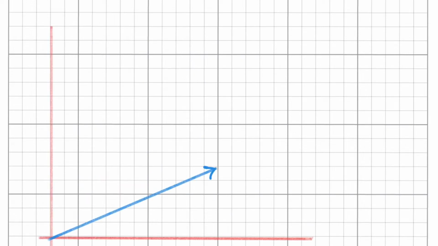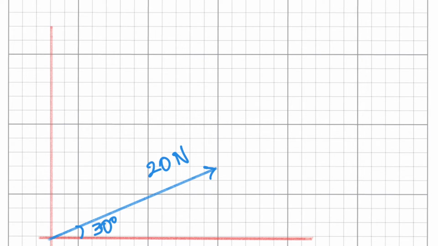So let's recreate what we had in the problem. The force vector is equivalent to 20 newtons, and the angle between the vector and the horizontal line is going to be 30 degrees.